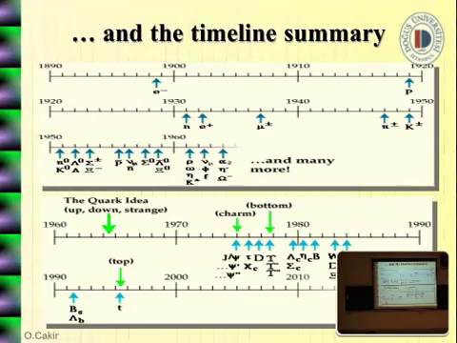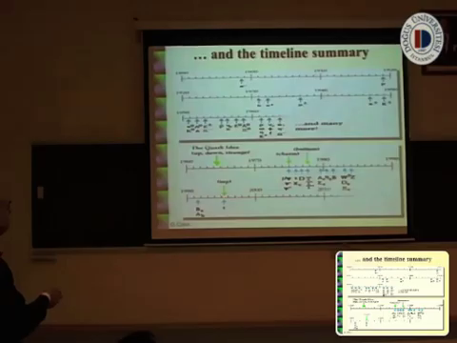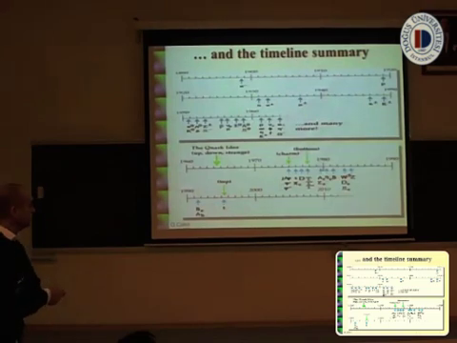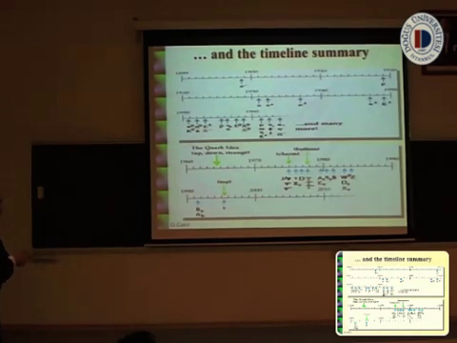Okay, let me summarize the timeline shortly here. It starts with the electron discovery in these years, and then very important events in the timeline, and then we come here, the discovery of the top quark in 1995.